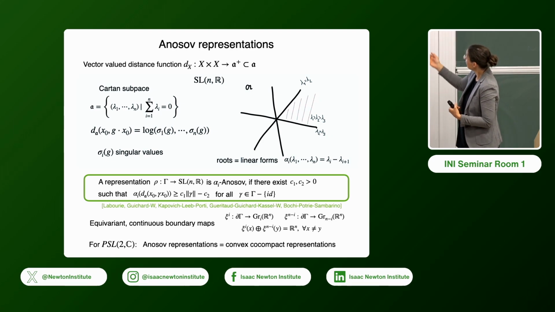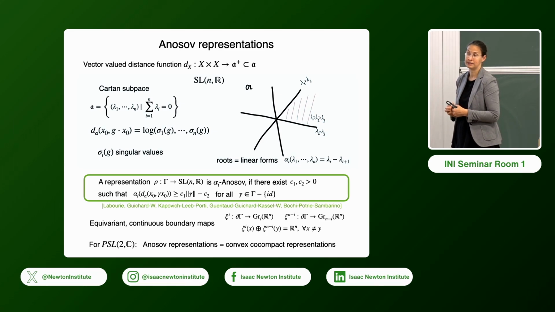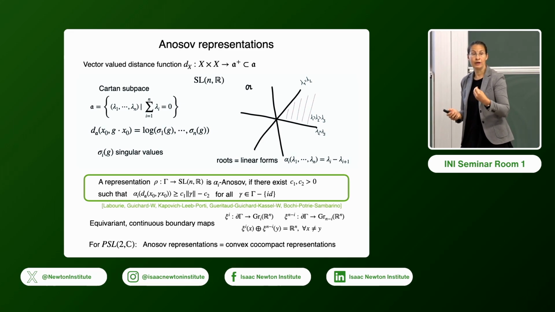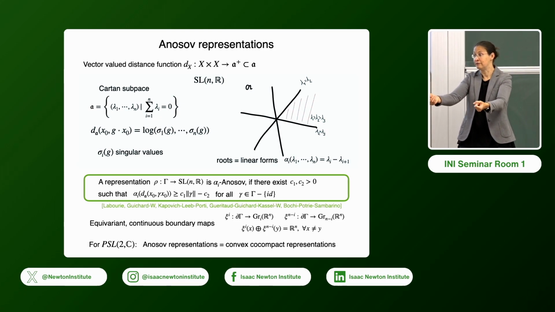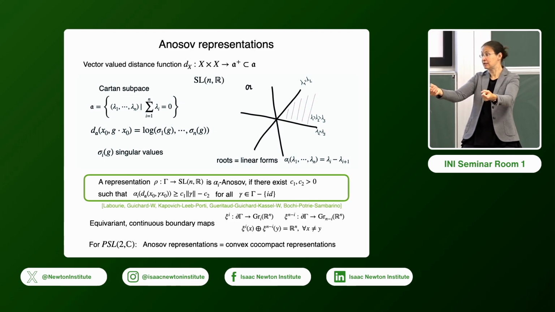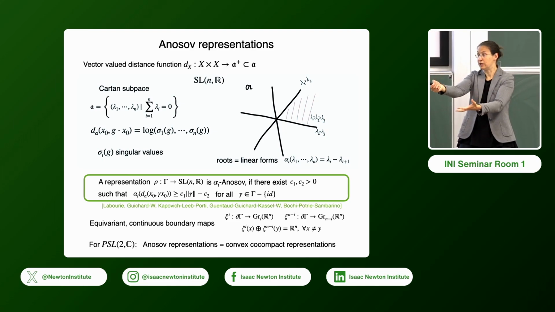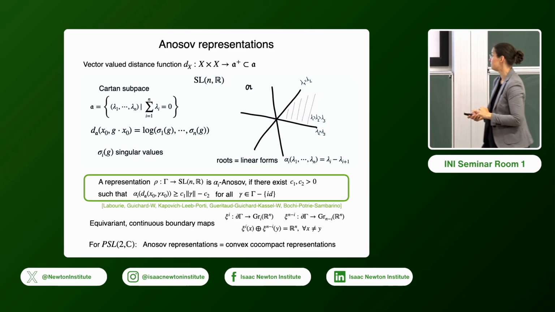There are some particularly nice linear forms given by the simple roots of the Lie algebra, which take the difference of consecutive eigenvalues, lambda_i minus lambda_{i+1}. So if you give me an element G, it gives you this vector of singular values, and then I choose some simple root alpha_i, and it gives you a number, namely the singular value gap between the i-th and the (i+1)-th.